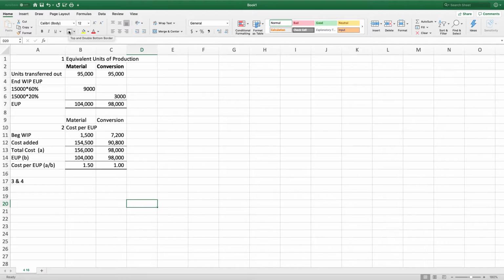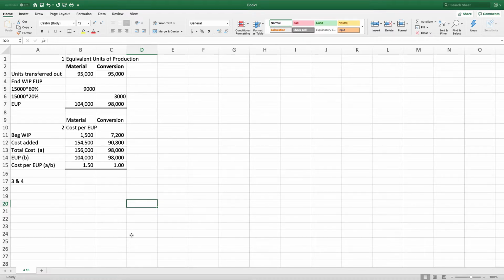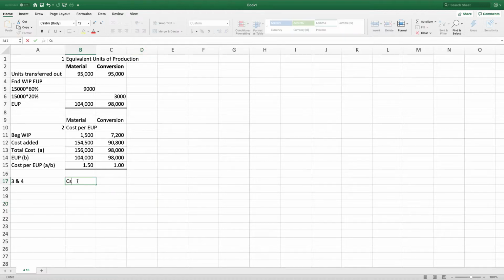If you go right next to it, this is how you can pick all your borders. If you want bottom, top, left, right, no border, all borders, whatever. But if you go to the last option within the borders, it says top and double bottom border. You just click that, and that's perfect. That'll do you.